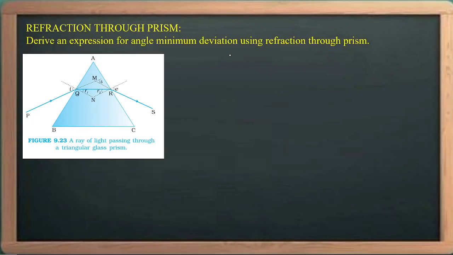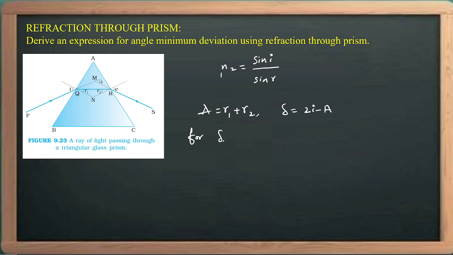Then angle of minimum deviation, where the formula for relative refractive index is important. That is N21 is equal to sin I divided by sin R. From the diagram it is known that A is equal to R1 plus R2 and delta is equal to 2I minus A. For angle of minimum deviation, R1 is equal to R2 which is equal to R, which is equal to A divided by 2.